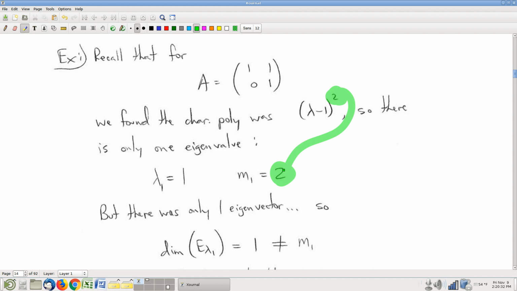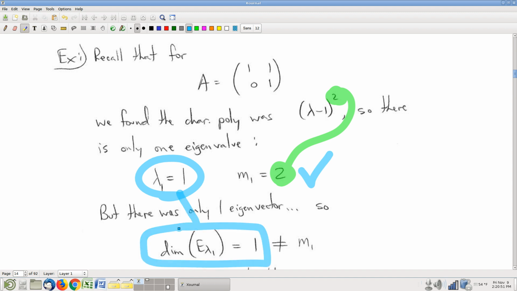That multiplicity is 2. So for this to be diagonalizable, per the argument on the previous page, I would need for this eigenvalue to give me full-on 2 eigenvectors. But it didn't. The tragedy that we saw there, and it's not clear how bad news that is, but we only got 1 eigenvector. At the time, it just seemed weird.